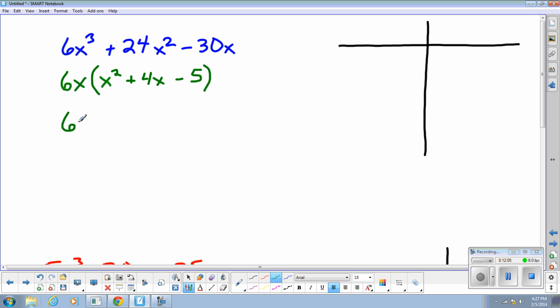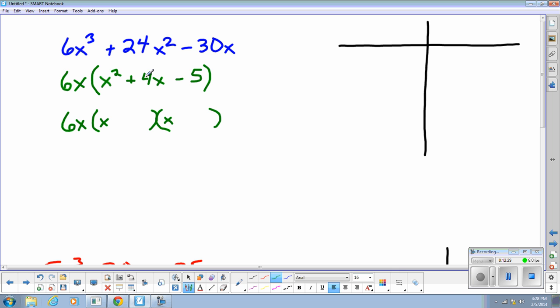I'm going to write 6x, and because now I have a plain x squared here, I'm just going to go parenthesis, parenthesis, like so. And I know since it's x squared, the first term inside both parentheses is going to be x, because x times x is x squared. So now I have to look here. I have a middle term that's positive and a second term that's negative.